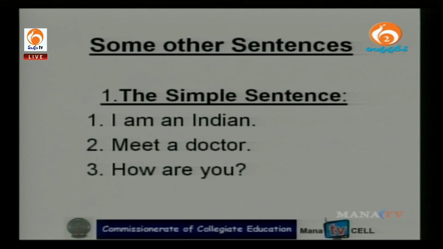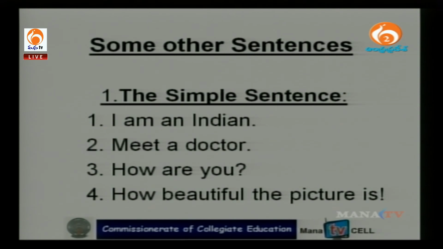So, a simple sentence generally contains a single verb, a single subject, and sometimes a single predicate. Without a predicate generally we do not find any sentence. How beautiful the picture is. Here also you find a single verb, and it is a simple sentence.